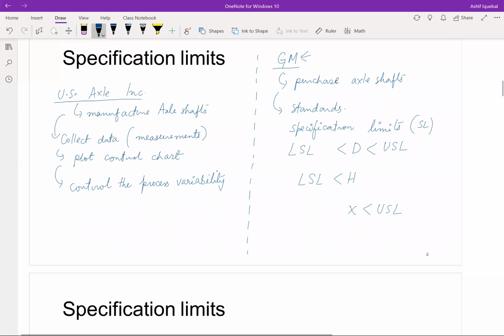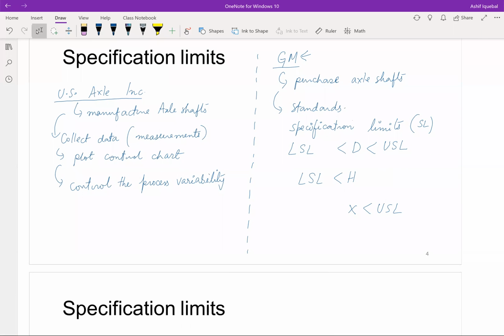To give you an example, let's say you want to buy drinking water. To ensure the quality of drinking water, you want to make sure that the lead content in the water is below a certain value. For example, in the US, the limit is 15, I think, micrograms per liter.